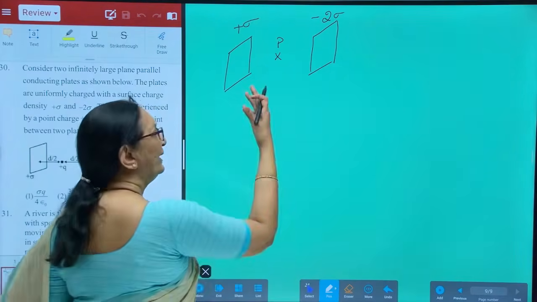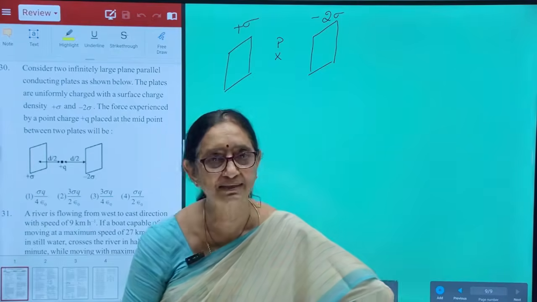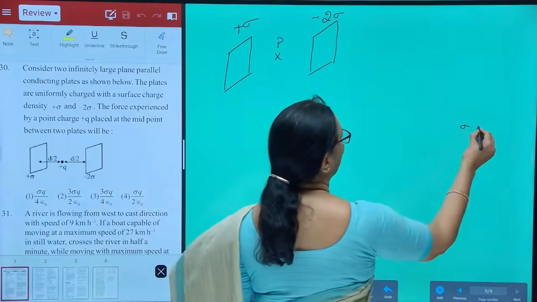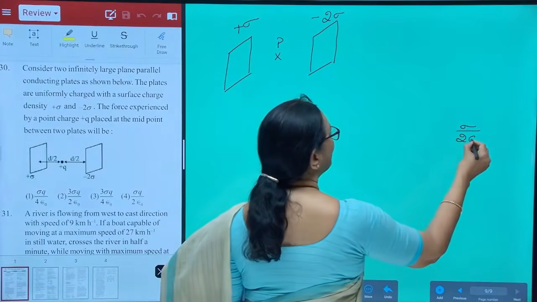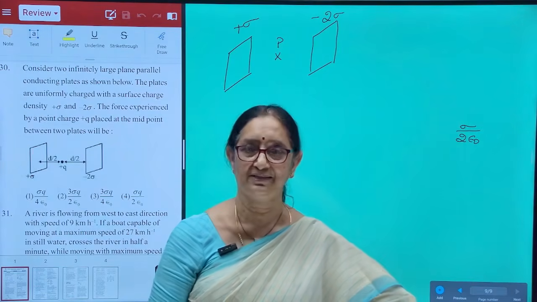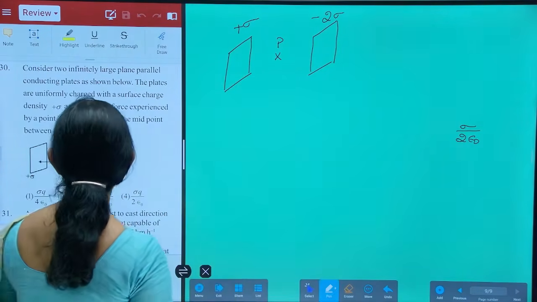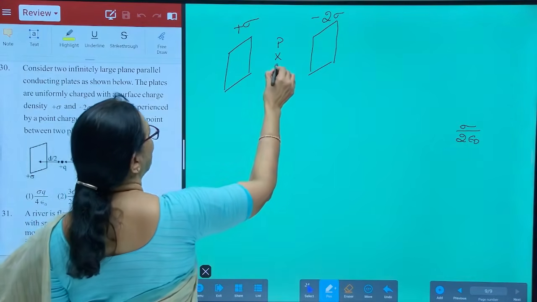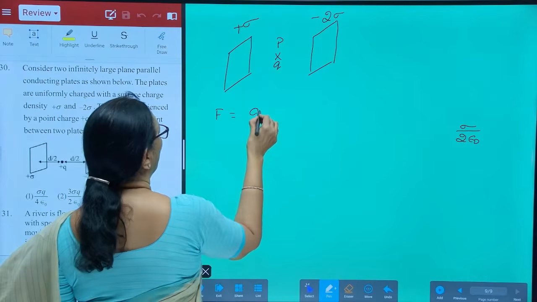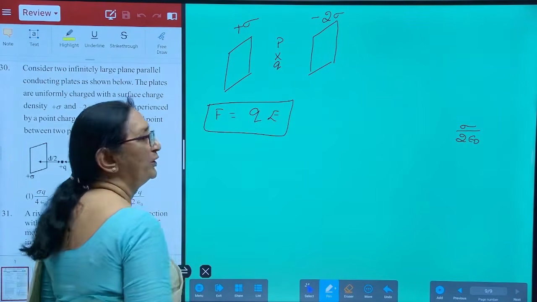Even if it is not a midpoint, it doesn't matter, because the electric field intensity due to a charged sheet at any point is given by sigma by 2 epsilon naught, which is independent of the distance. The question asked is, what is the force on the charge placed at this point? Force on a charge Q placed in a field of intensity E is QE.